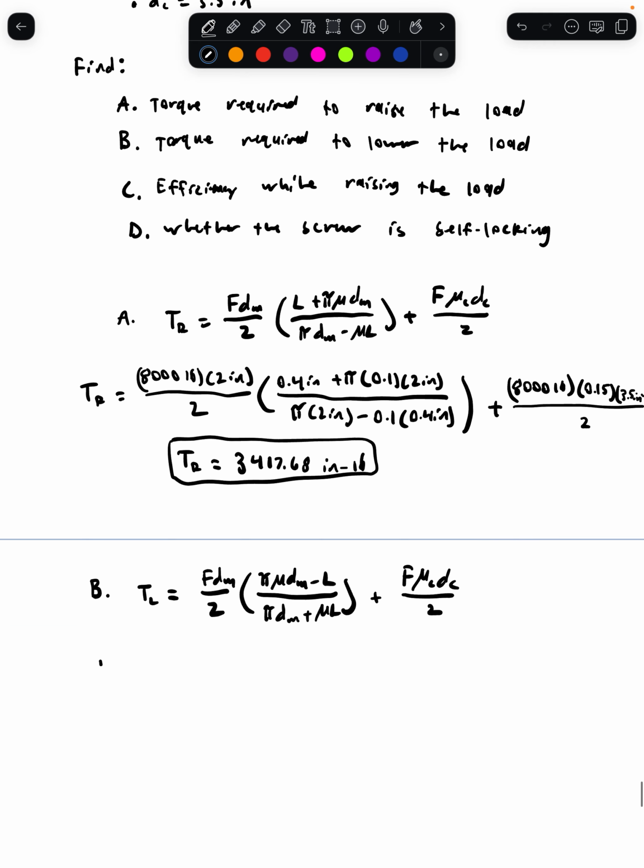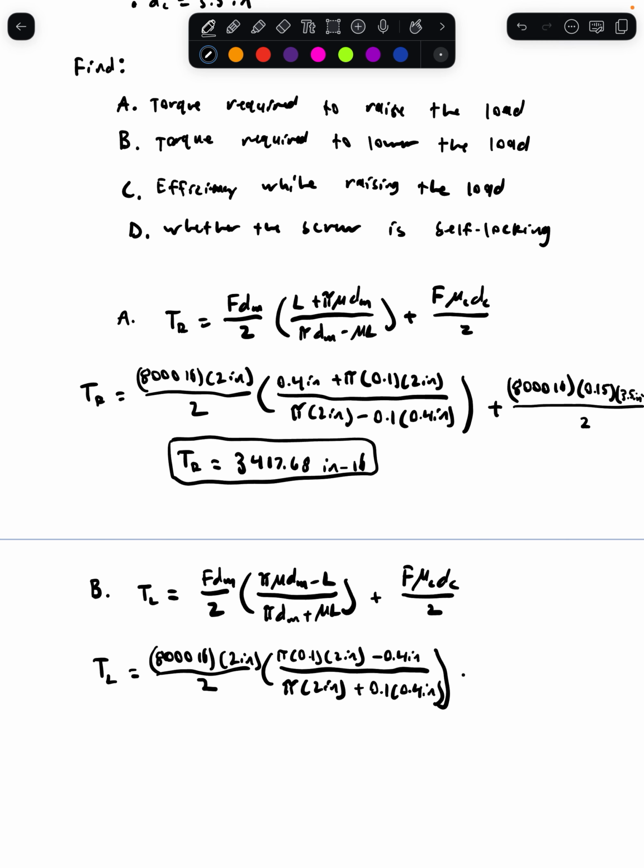Okay, so now we can go ahead and plug things in. So we have 8,000 pounds times 2 inches divided by 2 times pi times my mu was 0.1 times 2 inches minus 0.4 inches for the lead, divided by pi times 2 inches plus 0.1 times 0.4 inches.